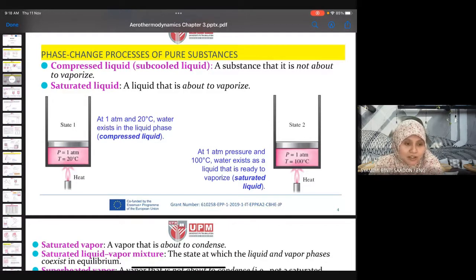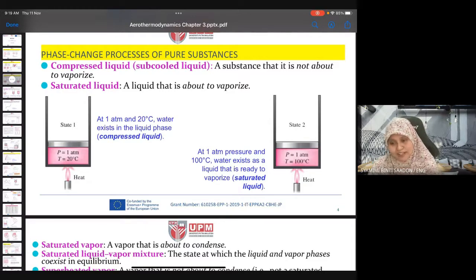This is very important, because we have to know the phase of the liquid or fluid that we want to study. Next one is saturated liquid. At 1 atmosphere pressure and 100 degrees Celsius, water exists as a liquid that is ready to vaporize.